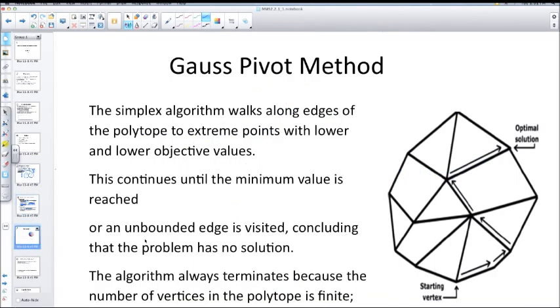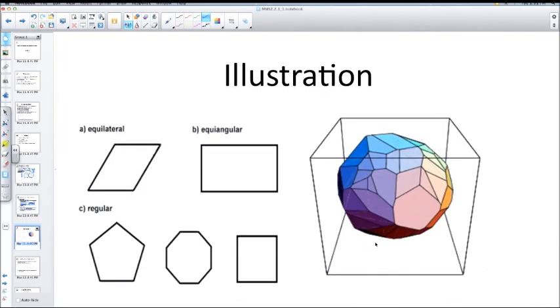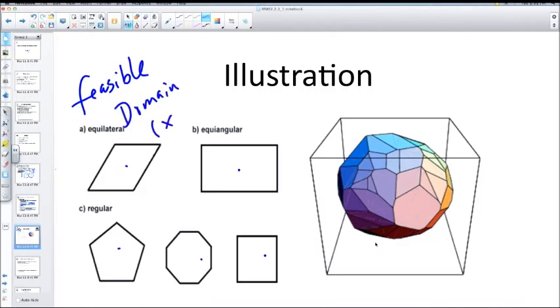Let's look at the graphic demonstration. If the problem is in 2D, those diagrams, sometimes we call them a polygon. The polygon is the so-called feasible domain of your solution about x and y. And typically, those straight lines are the constraint equations or inequalities.